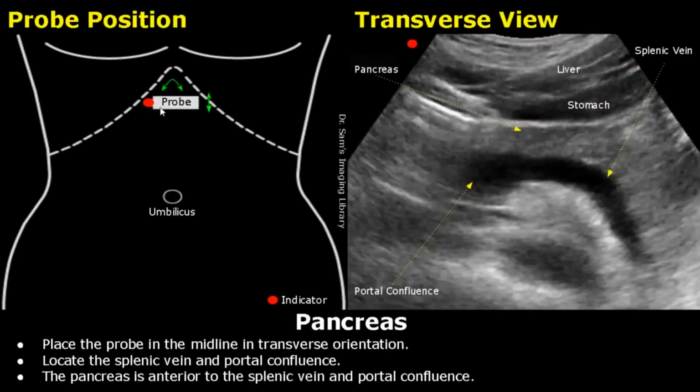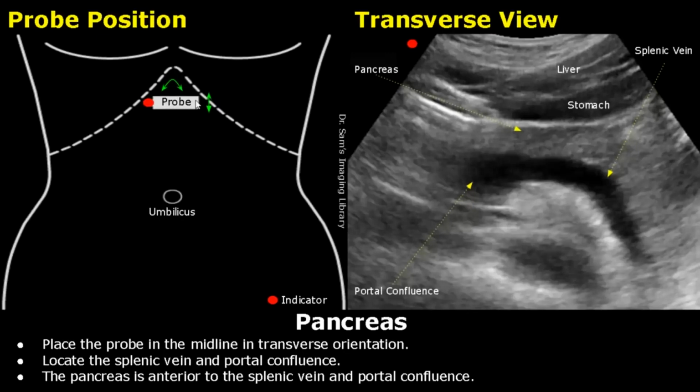This video is about pancreas ultrasound probe positioning. Place the patient in a supine position with the indicator directed towards the patient's right side and start by placing the probe in the midline in a transverse orientation below the costal margins.